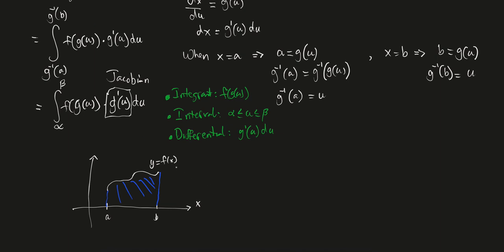Well, now with this transformation, a few things have changed. Now, let's say the lower limit is alpha, the upper limit is beta, and the function here is all of this, including the Jacobian. So if I multiply all of that, maybe the graph now looks something like this, right?